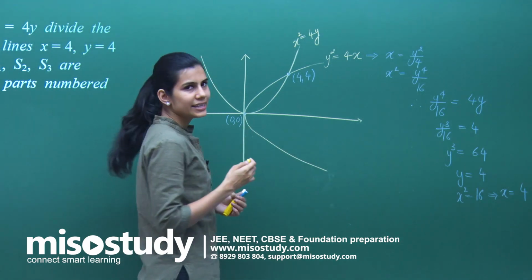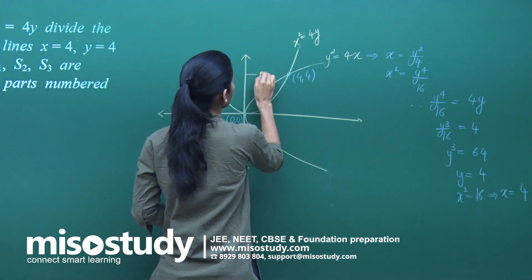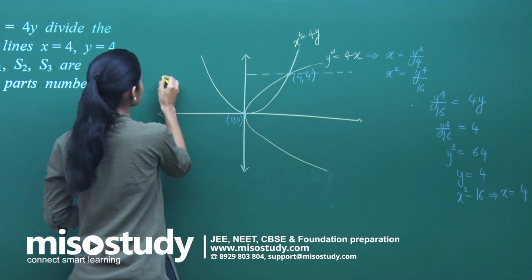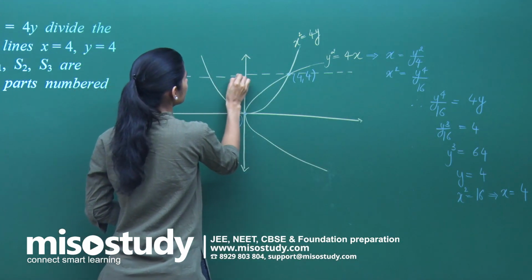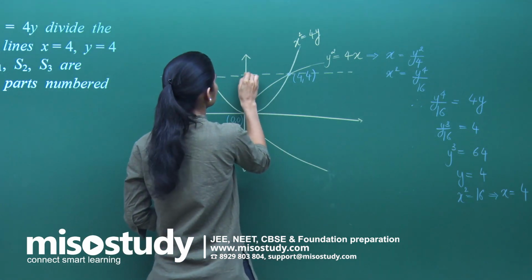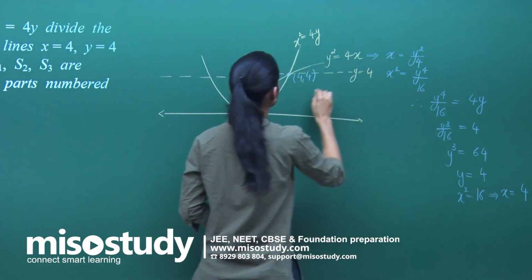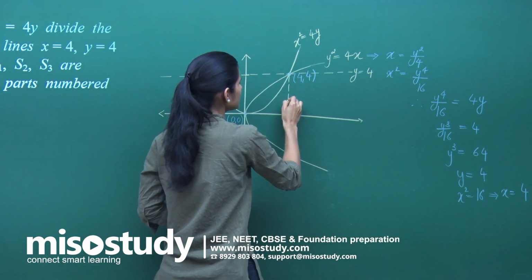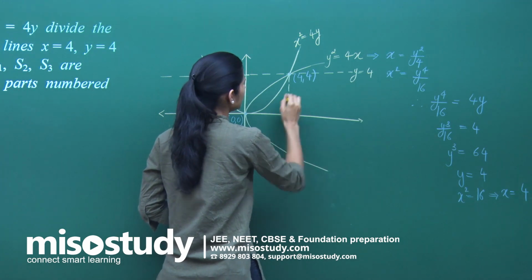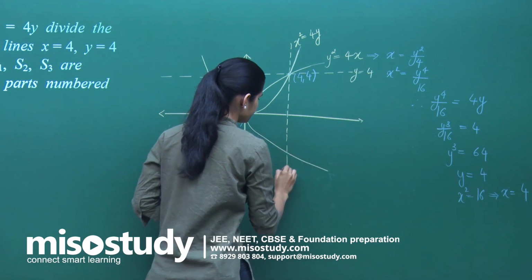If I draw the line x equals 4 and y equals 4, what would they be? So this is actually my line y equals 4, and if I draw the line x equals 4, this is my line x equals 4.